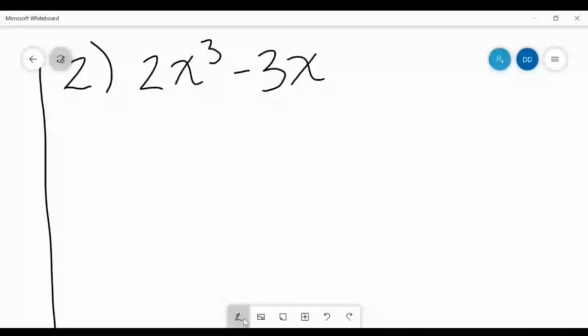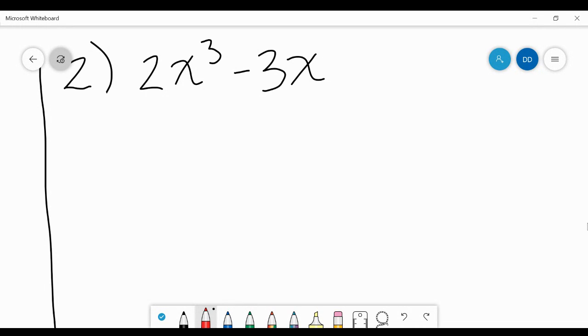Okay, so now this one is definitely different. We have a 2x to the third and a 3x. So the GCF here, when you think of 2 and 3, the only number that can go into 2 and 3 is 1. So we're not going to include that in our GCF. But in this case, we see that this has an x to the third and this has an x, and we know that there's a little invisible 1 there.